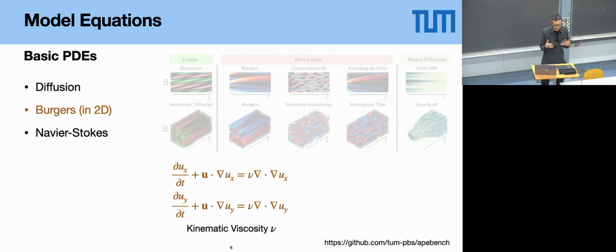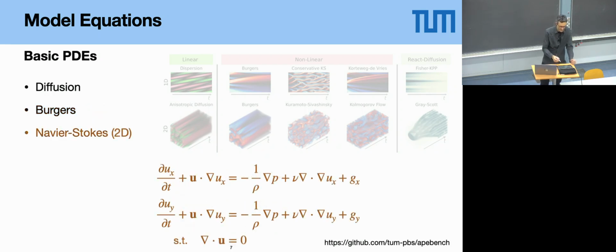And this is basically something compressible. So in this case, you have basically a material that diffuses and moves around, but no conservation of mass. So this can push together and form shocks, but it is also a pretty popular model with interesting behavior. And if you then add a constraint like mass preservation, then you actually get Navier-Stokes. So it's something that describes the motion of air. So these are typical models that we look at in the following.